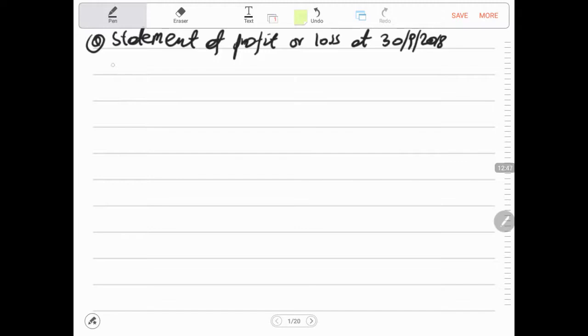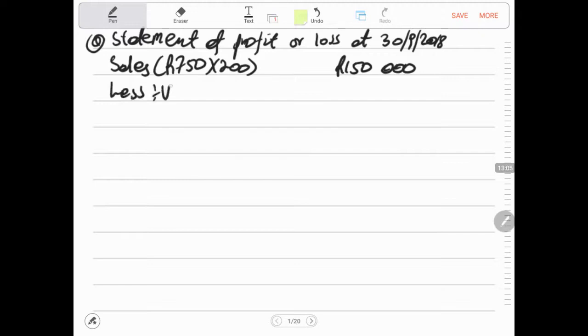And now we know that this statement starts with sales, and we already know that our selling price is 750, and we multiplied that by 200, and it gave us sales revenue of 150,000 rands. This does not change. Then after we say less variable cost. Then when it comes to our variable cost, we have purchases, and our purchases, they don't change.